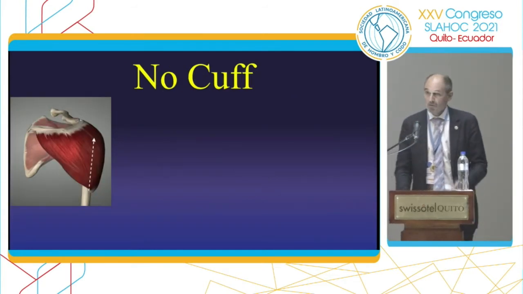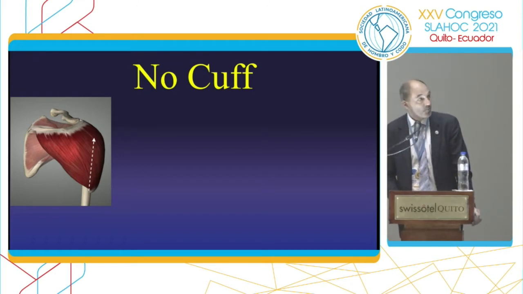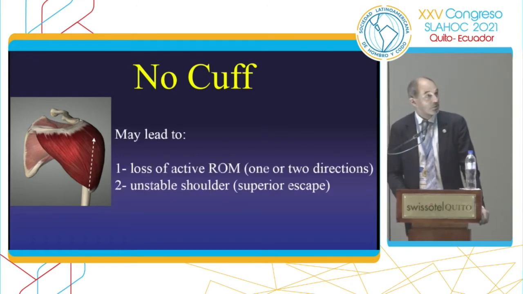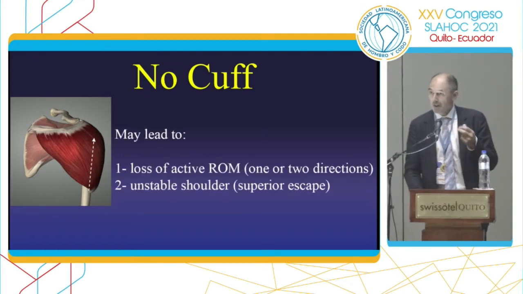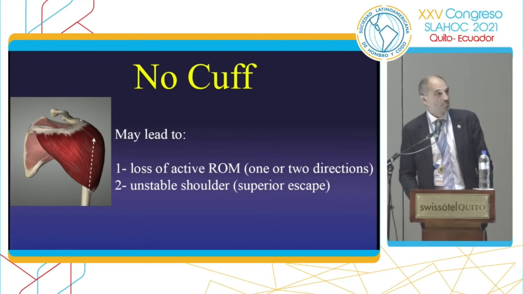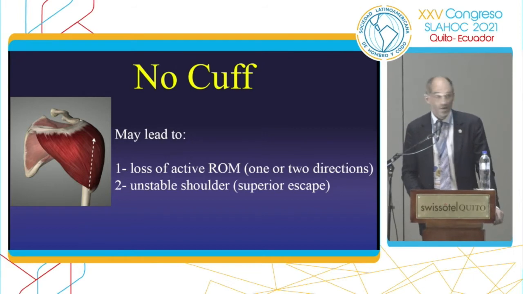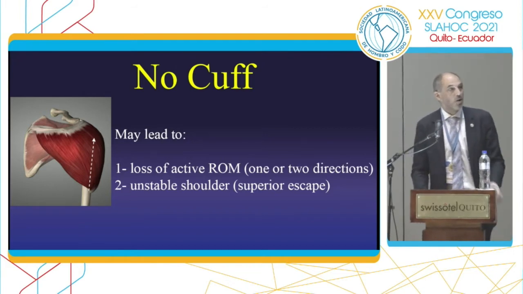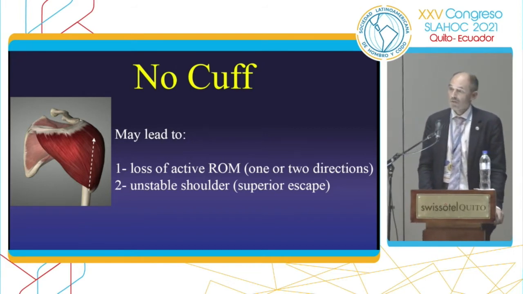On the opposite, what can happen if you have no cuff? So we have a good deltoid, but no cuff. No cuff, as you know now, may lead to loss of active range of motion in one or two directions, and it can lead to an unstable shoulder, and we call this the superior escape.